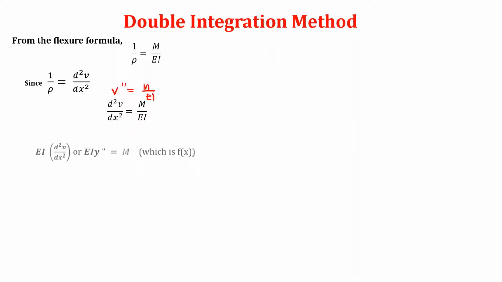And finally, we can say that EI times the second derivative of v. And in this case, our v is y. So v double prime is also y double prime.